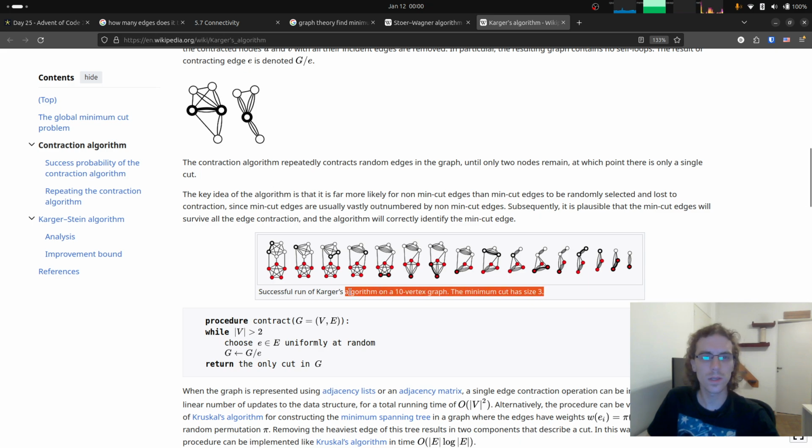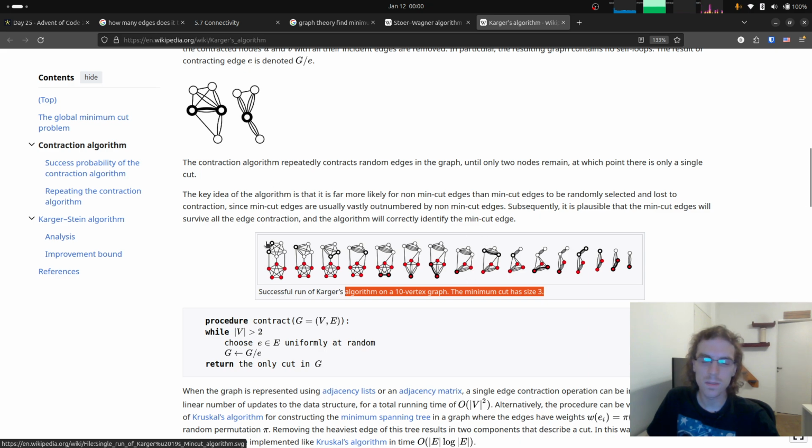Wow, this is a very interesting algorithm. So actually here in this initial graph, the cut size was also 3. It's very visually visible. If you cut these 3, you disconnect these 2 pentagram thingies.